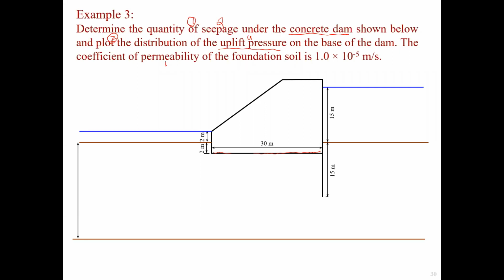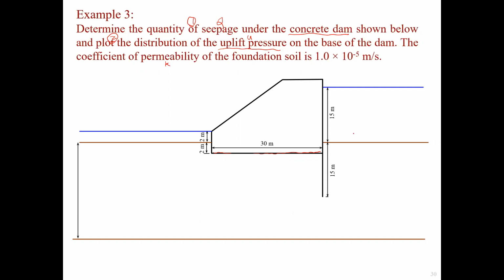And the coefficient of permeability K is given. For Q, obviously we still use the previous formula. For pore water pressure, we just take some special points, take the value at 5 or 6 points, and then connect them together. That gives the distribution of the pore water pressure.